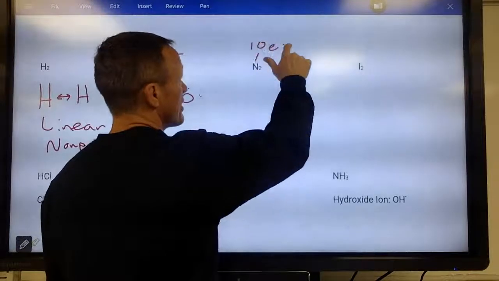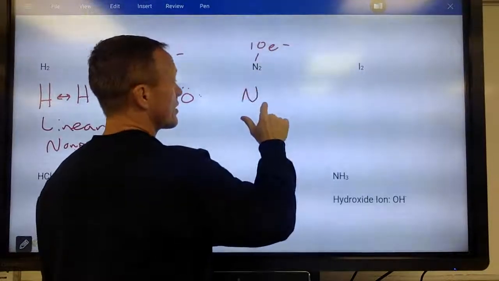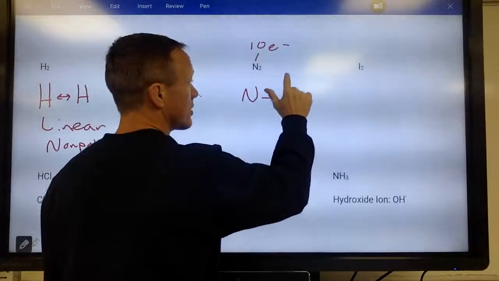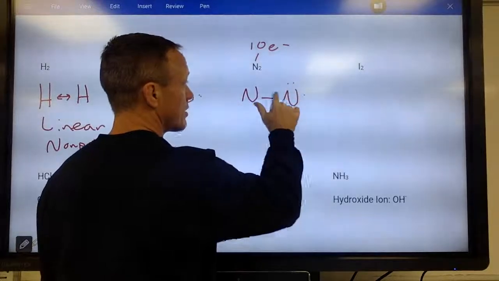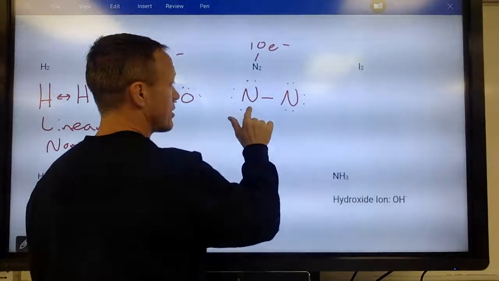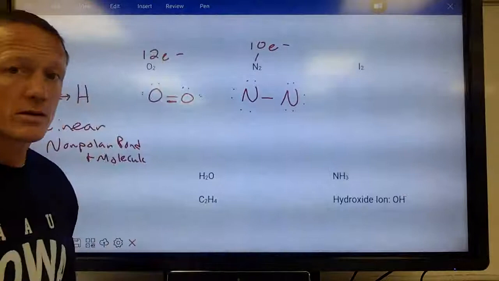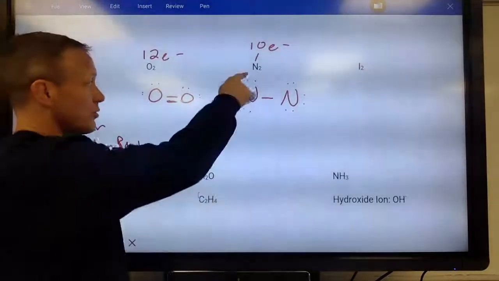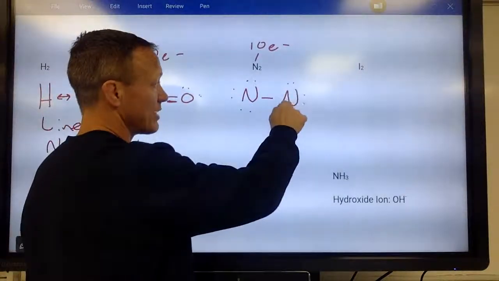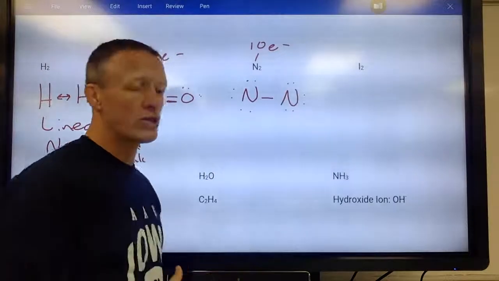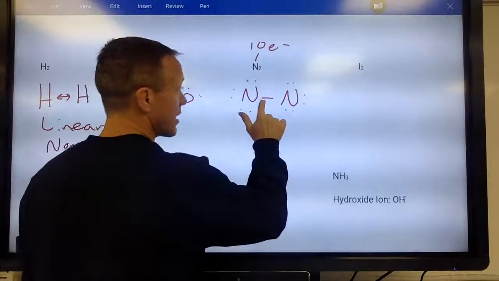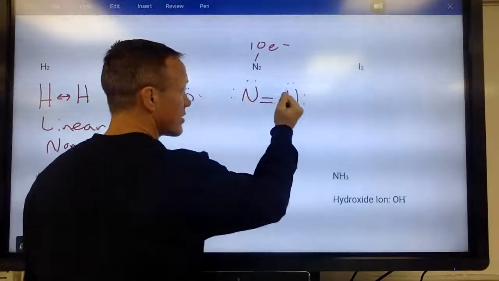Nitrogen has 5 valence electrons. There's 2 of them, so that would be 10. So if we go like this, well, that's too many electrons. That's 2, 4, 6, 8, 10, 12, 14 again, and we can only use 10. So anytime I add a bond, I erase.